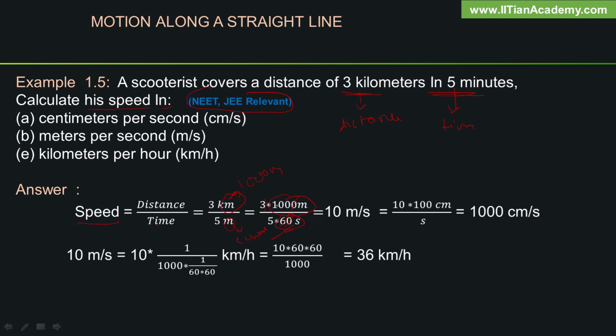If you want centimeters per second, simply convert meters to centimeters. 1 meter is 100 centimeters. Similarly, for meter to kilometer conversion, 1 meter is 1 by 1000 kilometers.